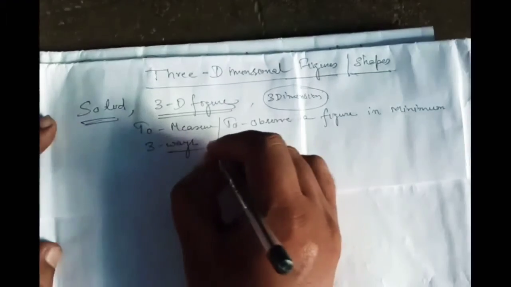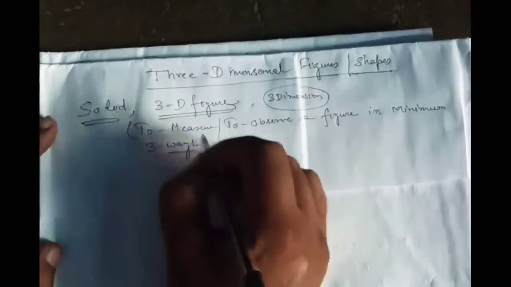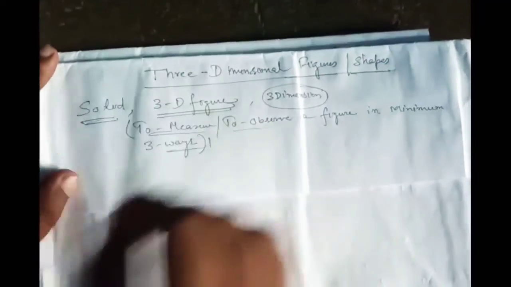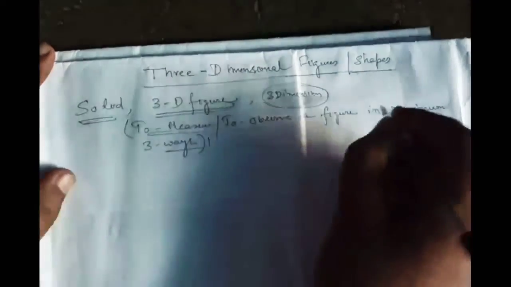Okay. This is not from the book, this is from my concept. I have just told that to measure or to observe a figure in minimum three ways.